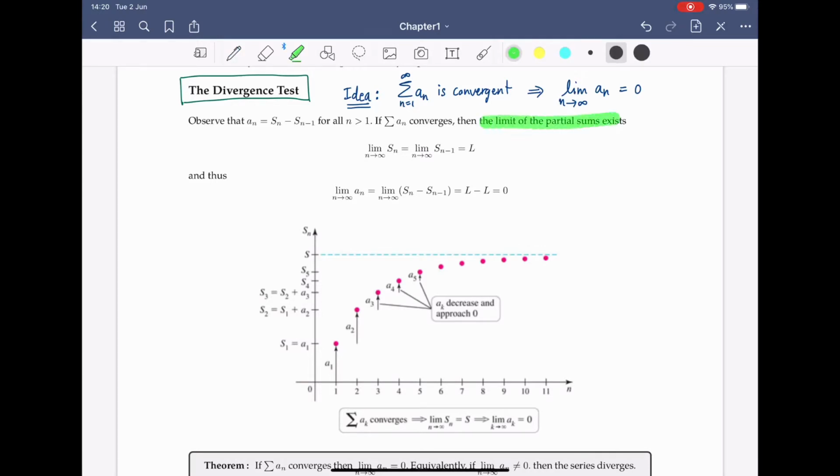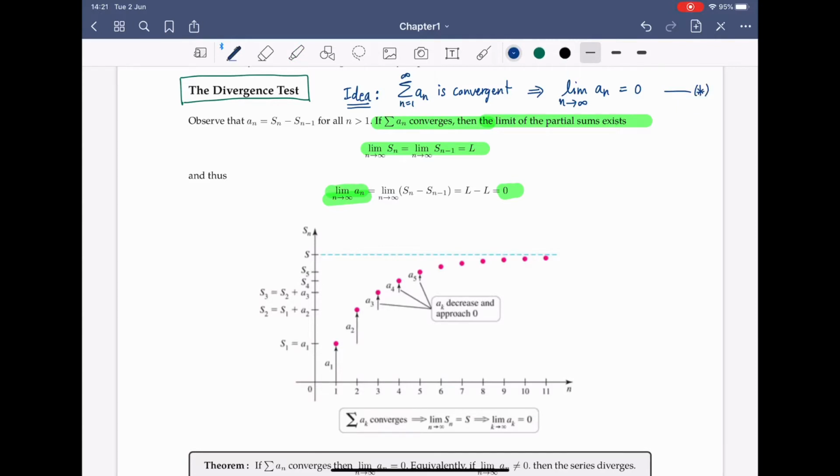So the limit of S sub n as n goes to infinity must be L, and the limit of S sub n minus 1 as n goes to infinity must be L as well, because the limit of the partial sum exists and they are equal to each other. After simplifying a little bit, you get the limit of a sub n equal to 0. So why is this statement so important?